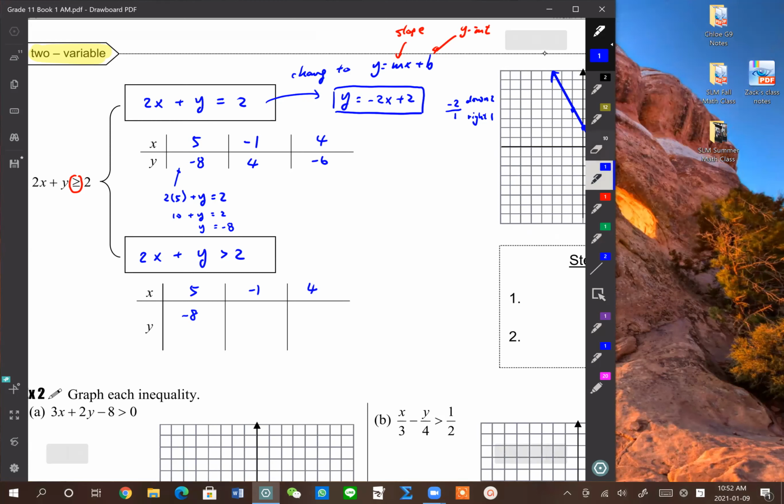So I cannot use negative 8, because negative 8 will be equal. So what number should I plug in so it will work? It will be greater than, because the question says greater than 2. So what y value will work then?